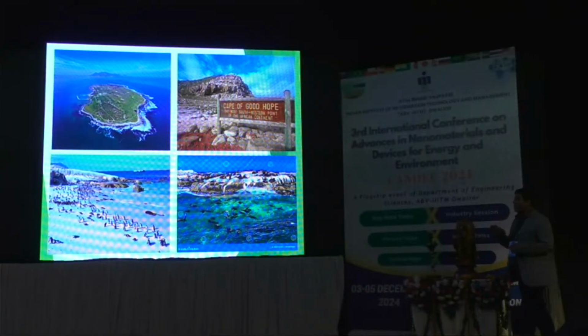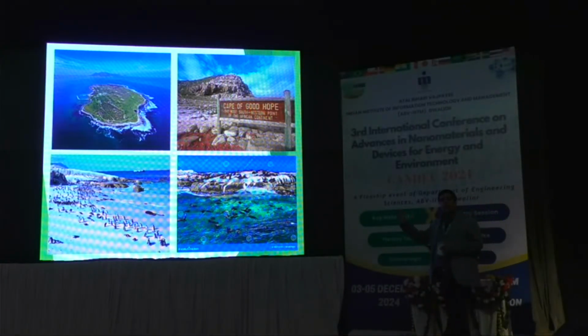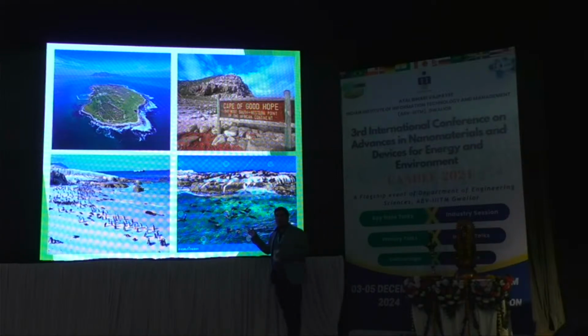So what you can see actually, if you want to look at the good penguins on that side, especially if you come to Cape Town, we have a town called Simon's Town, and you can easily see them. I had the video, but just for the sake of time, I thought let me just give you the picture. You can really play with them and you can enjoy. So this is called the African penguin.